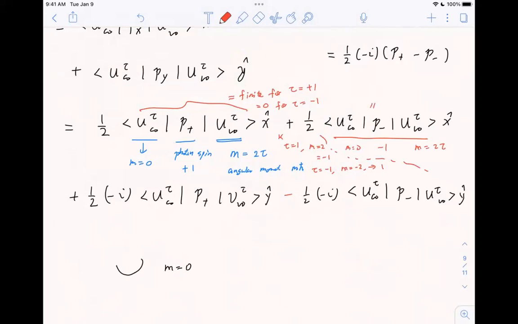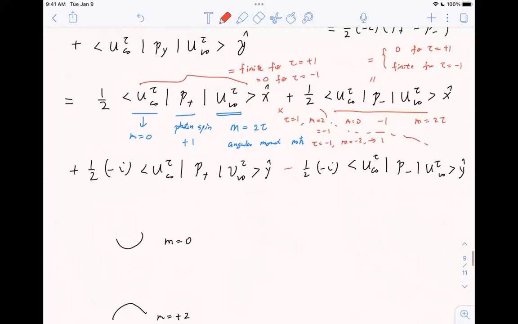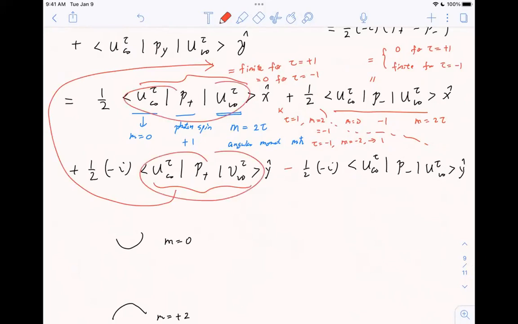So then you can already know that this will be 0 for tau equal to plus 1, and will be finite for tau equal to minus 1. Is that okay? And you get exactly the same thing here. This one is also exactly the same.